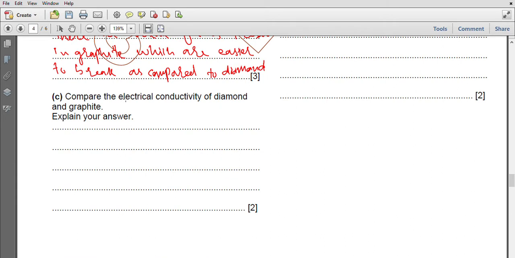Then he says, compare the electrical conductivity of diamond and graphite. Explain your answer.